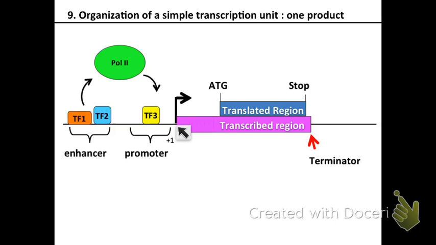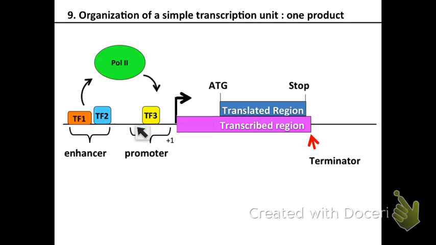Right upstream of the transcription start site are the promoter sequences, and these contain sequences that are recognized by general transcription factors. There are also other regions of the DNA that are far from the promoter, but capable of binding transcription factors that regulate the activity of this promoter.